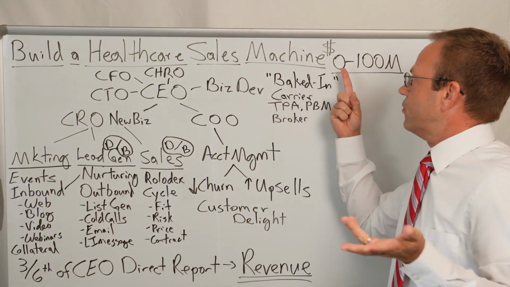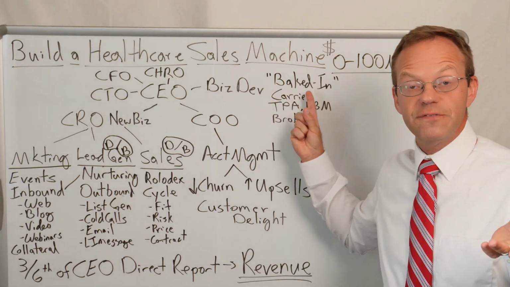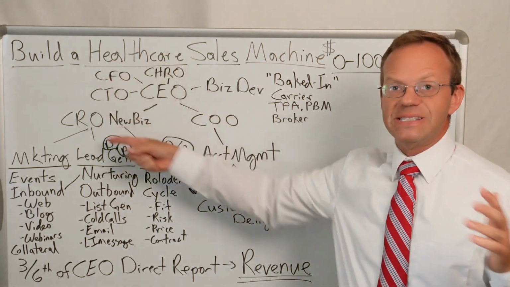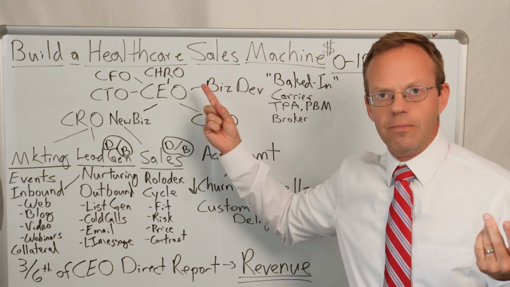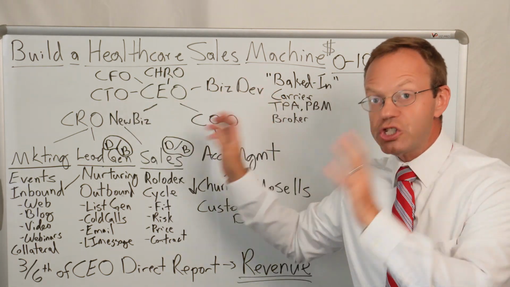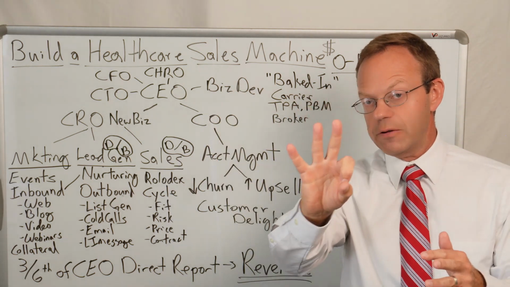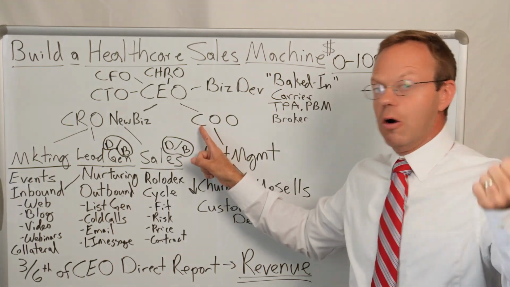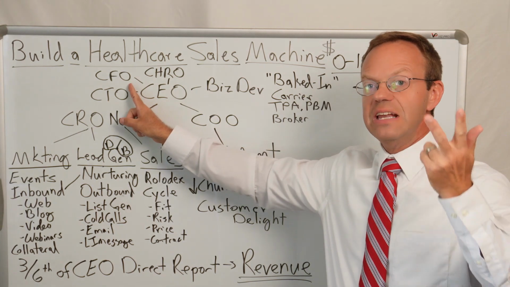Now, this is for companies between 0 and 100 million in revenue. This will get you up that far, which is pretty far. Now, when you're super small, you might not have 7 people on the executive team, the CEO and then the 6 other members, but you still have to have these hats. And so at Compass, when we started with just 3 founders, the CEO was also the COO, was also the CHRO, and was also the CFO.